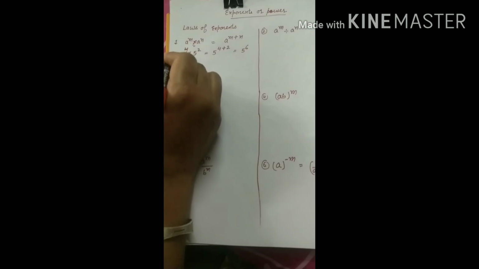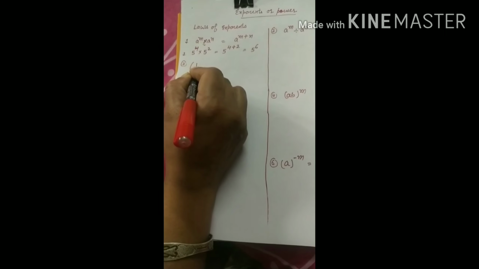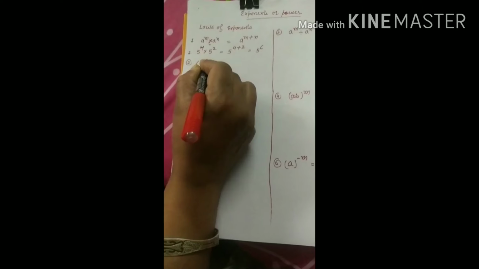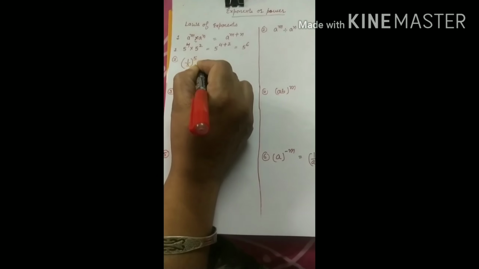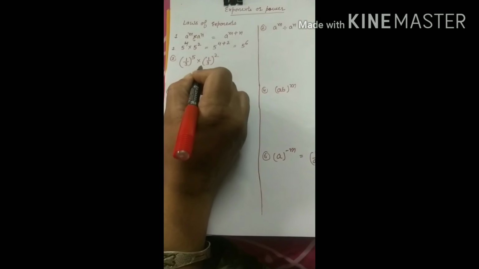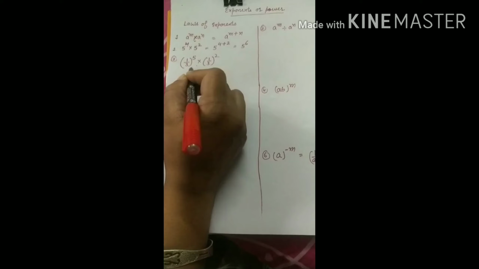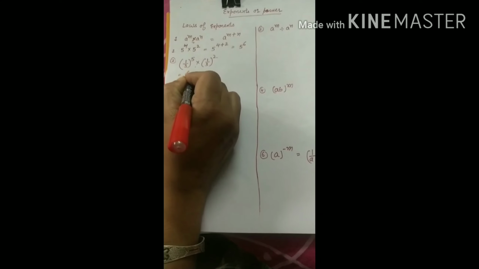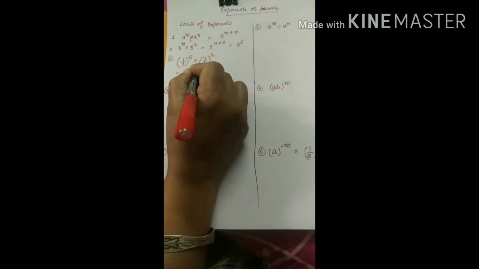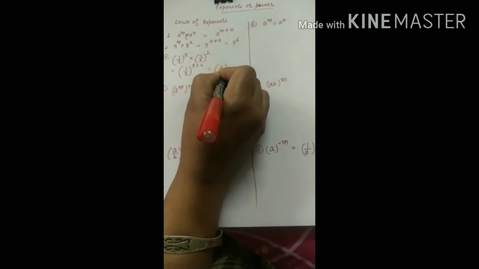Now we will take another example of a rational number, like 1 upon 3 power 5 multiply 1 upon 3 power 2. Again the bases are the same, with a multiply sign between them, so we will add their powers. Then it becomes 1/3 power 5 plus 2, which is 1/3 power 7.